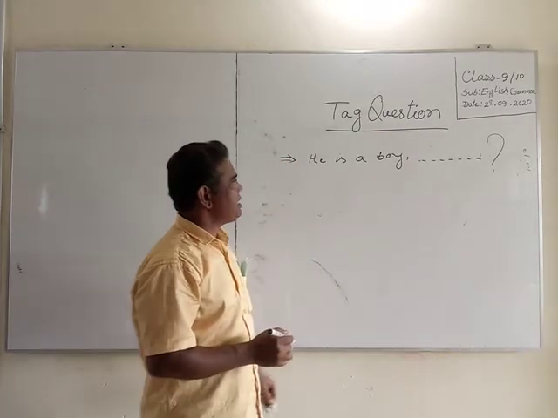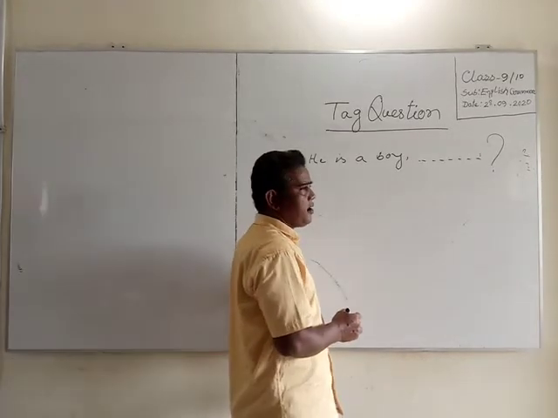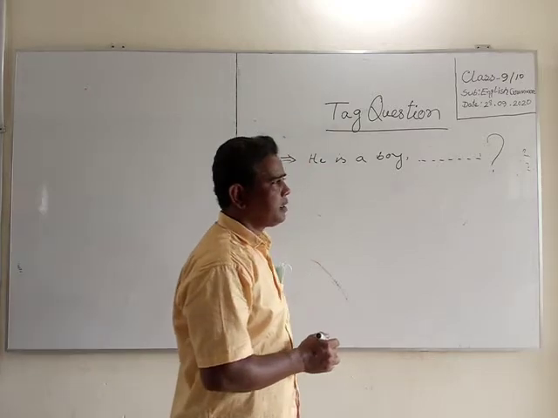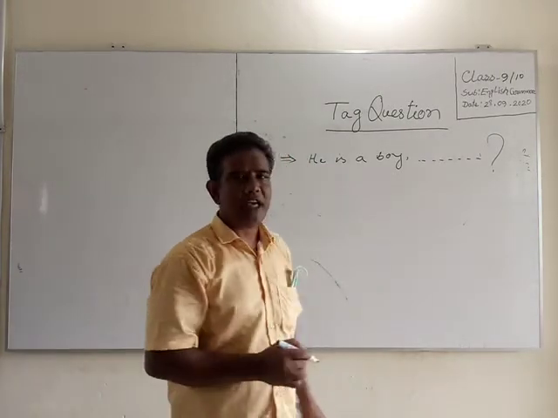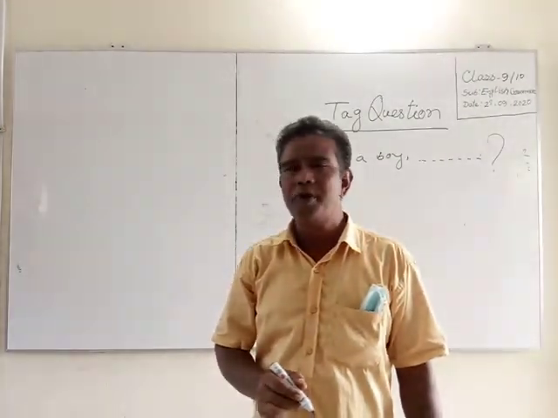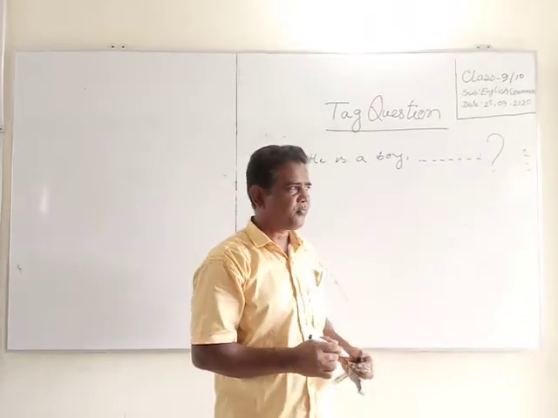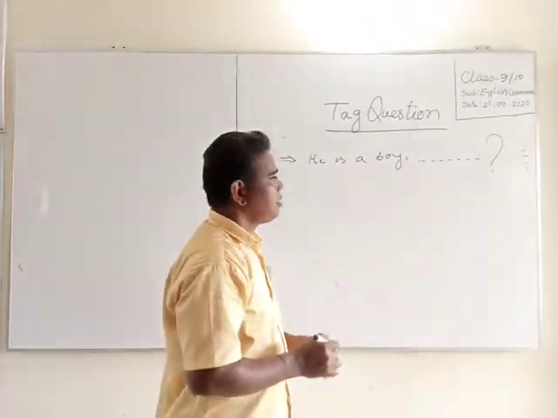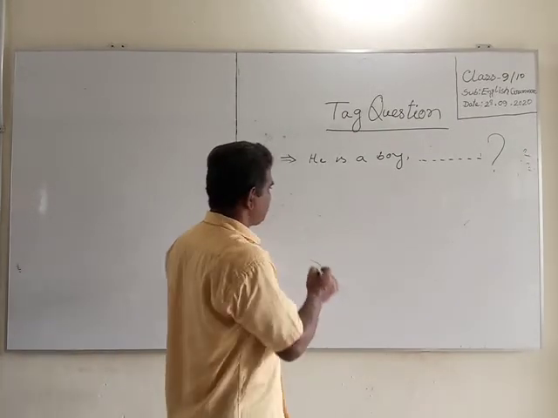If the sentence is assertive, the question will be negative. And if the sentence is negative, the question will be affirmative. This is the main thing. And also, what is the structure of a tag question? I show the structure of a tag question.